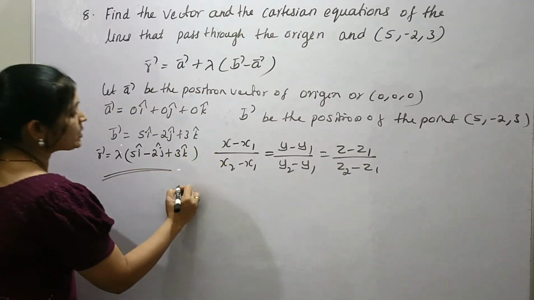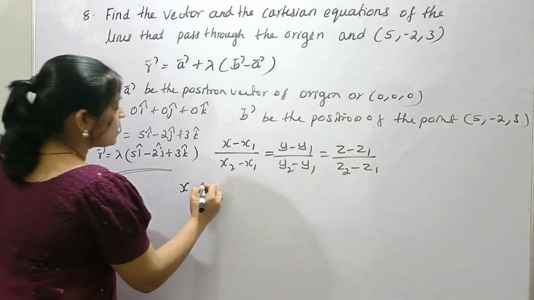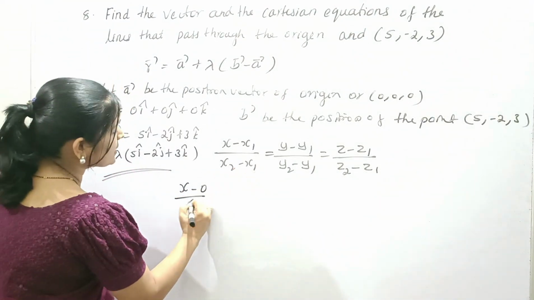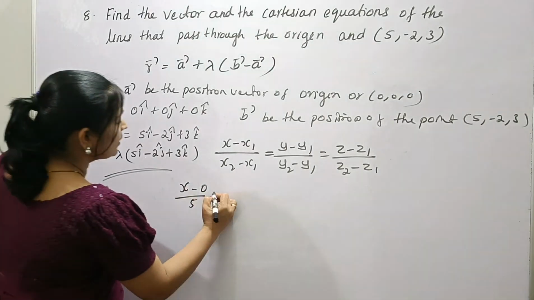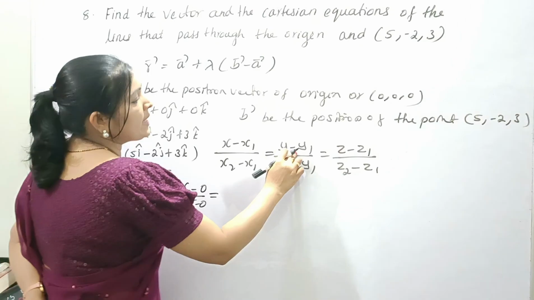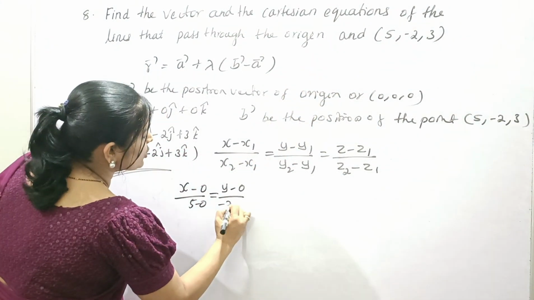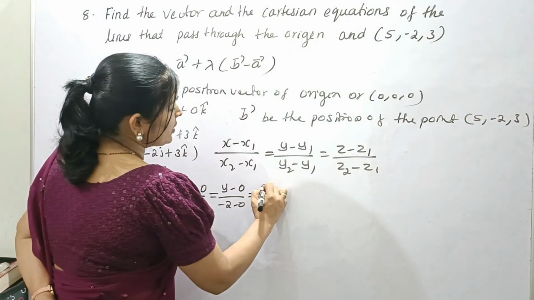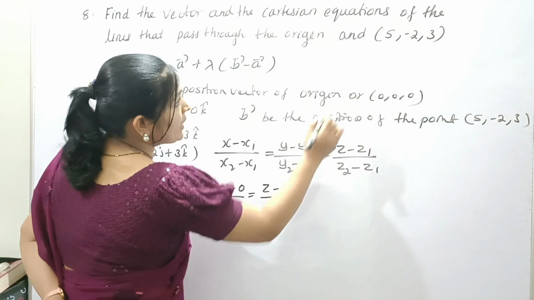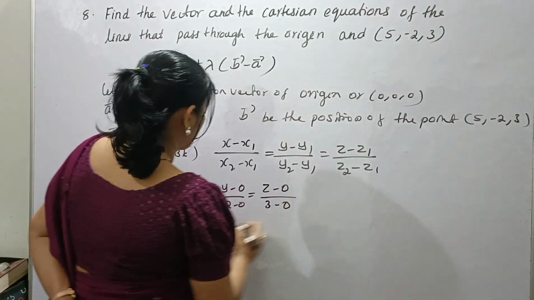Substitute: (x1, y1, z1) is the origin (0, 0, 0). So (x - 0) divided by (x2 - x1), that is 5 - 0, is equal to (y - 0) divided by (y2 - y1), that is -2 - 0, is equal to (z - 0) divided by (z2 - z1), that is 3 - 0.